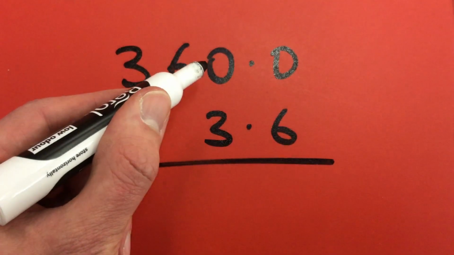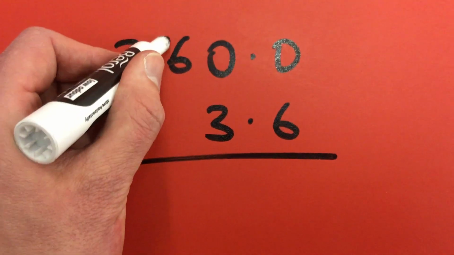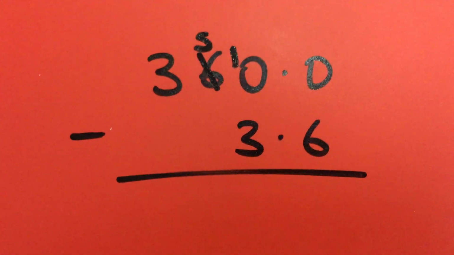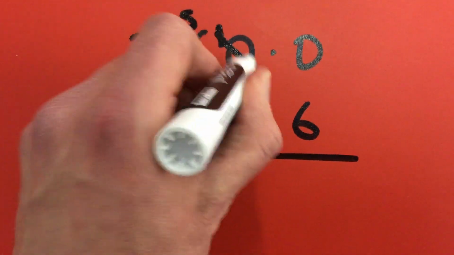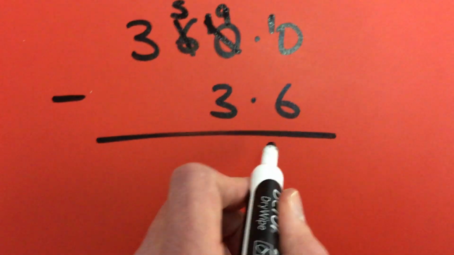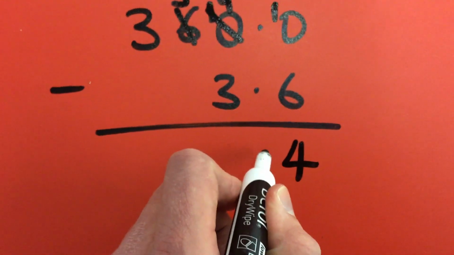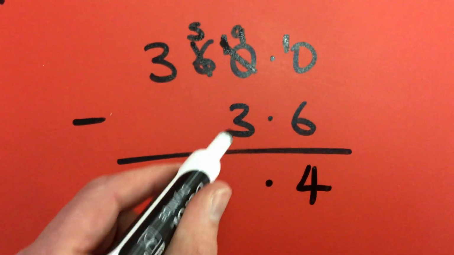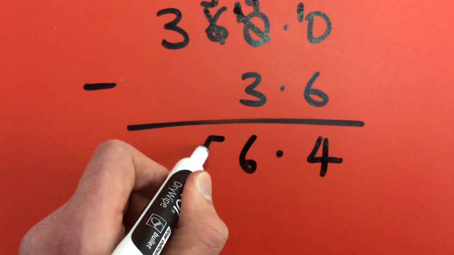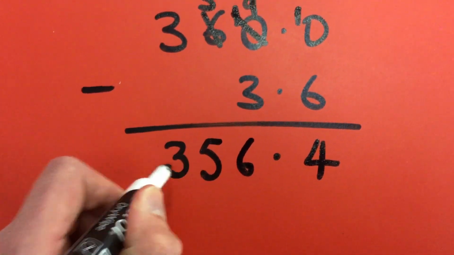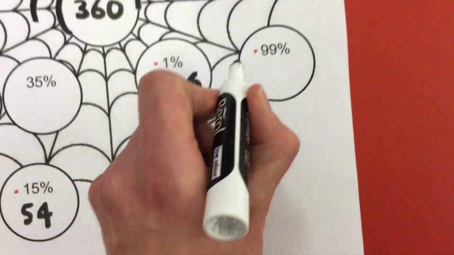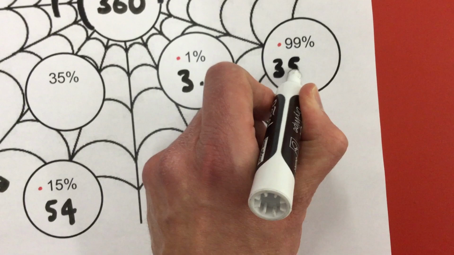The next column has a 0 as well, so we're going to have to regroup from the tens. Now we're able to regroup from the ones, and we've got 10 take away 6 here, which is 4. Can't forget our decimal point. 9 take away 3 is 6. So 356.4 is 99%.